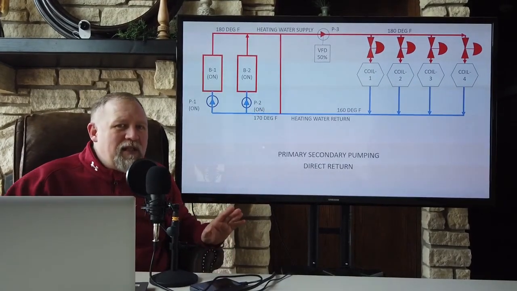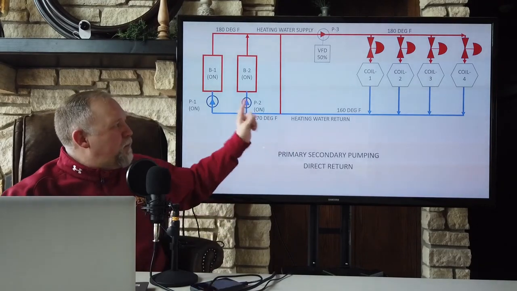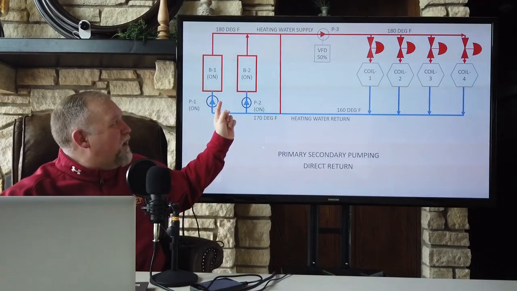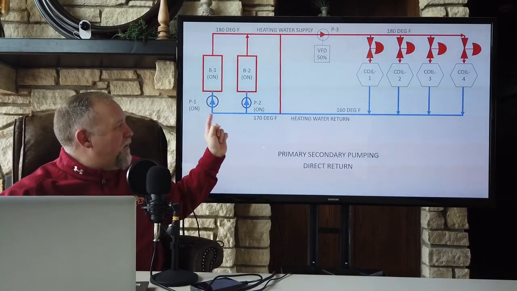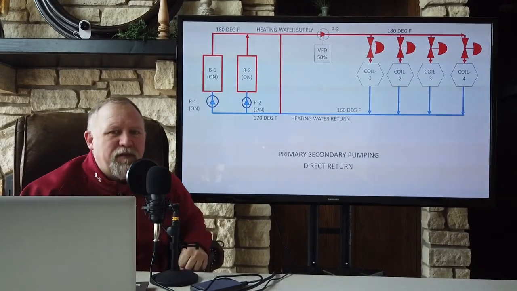The advantage here is this. Most boilers operate best with constant flow rates through them. In other words, if the boiler is on, we have a pump on, producing 100% of the flow rate.